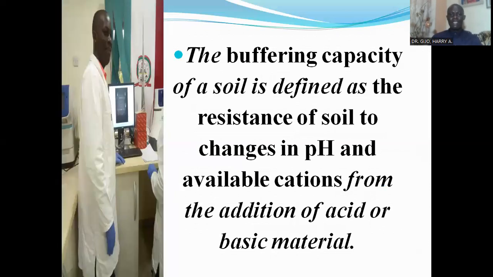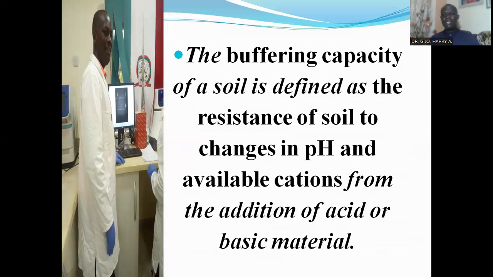The buffering capacity of a soil is defined as the resistance of soil to changes in pH and available cations from the addition of acid or basic material.